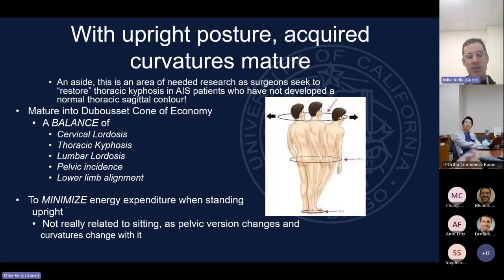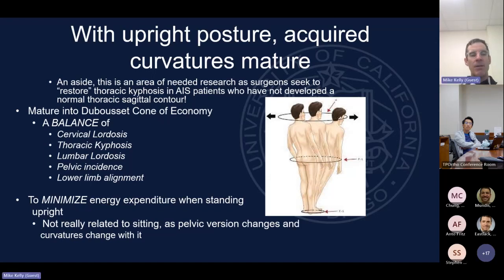And as the fellows have seen in their residency programs, and you'll see here in the practices, as people degenerate, they can, but not always, begin to have pain secondary to their sagittal plane. That is in both de novo situations and in fusion situations. As you are fused out of the cone of economy and become an iatrogenic deformity, then you also add the risks of pseudarthrosis, proximal junctional kyphosis, and decreased health-related quality of life.